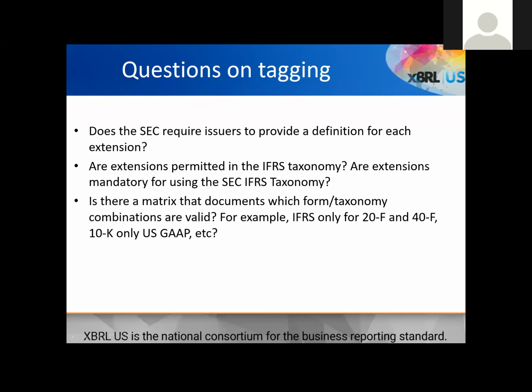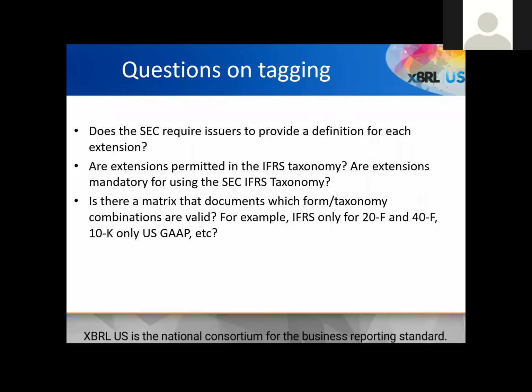Well, not yet, but at this point it wouldn't be terribly interesting because there really aren't any restrictions on whether you can use one taxonomy or the other from a technical perspective. In other words, if you have an instance document and you traverse its DTS, its discoverable taxonomy set, and in the course of that, you arrive at the IFRS 2016 taxonomy and the US GAAP 2017 taxonomy, that is not a problem for a 10K or a 20F either.